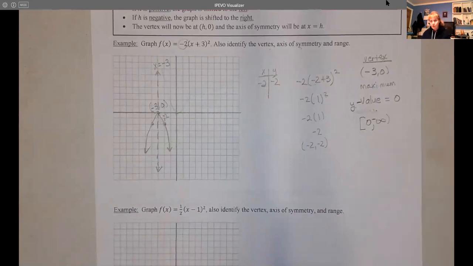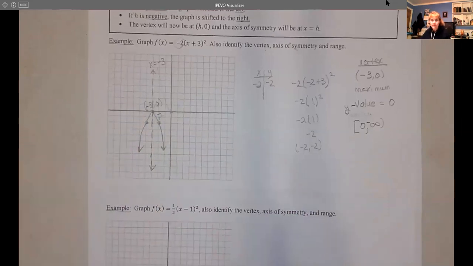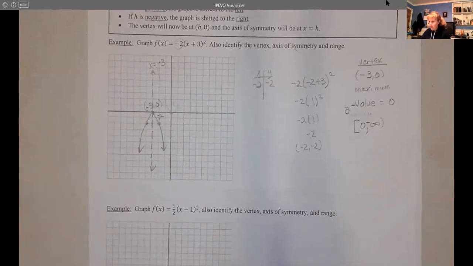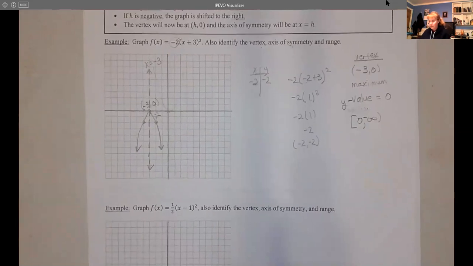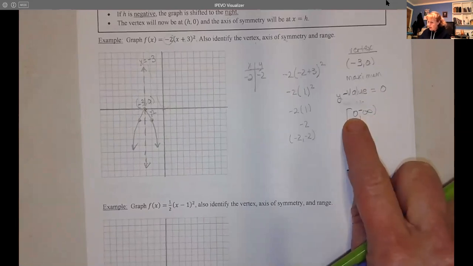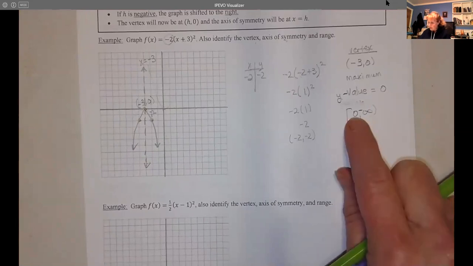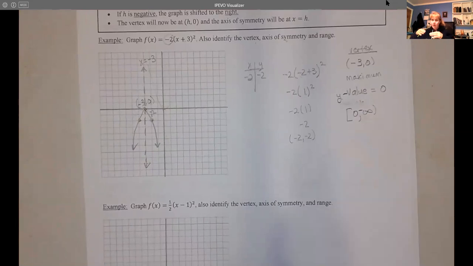So the range is 0 to -infinity. That's just a review of what we did in chapter 3, 4, somewhere in there. The range helps to know what the maximum value or the minimum value is, so you'll either be going from the vertex to -infinity, or from the vertex up to +infinity.